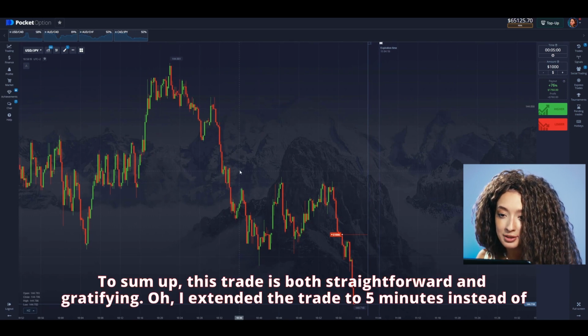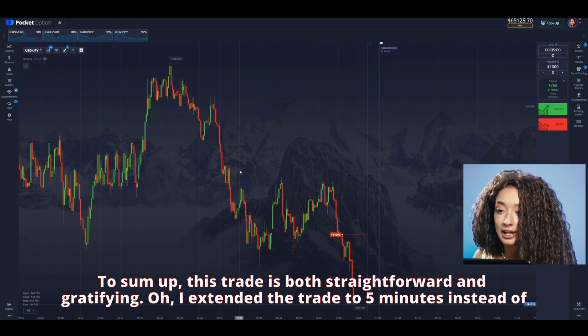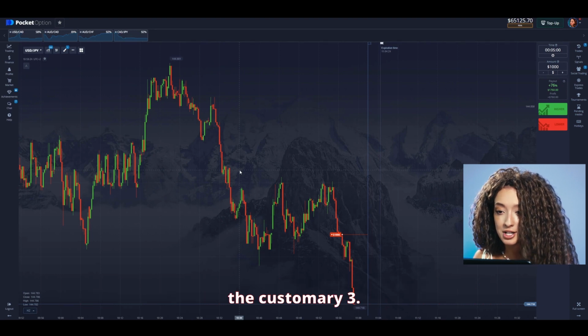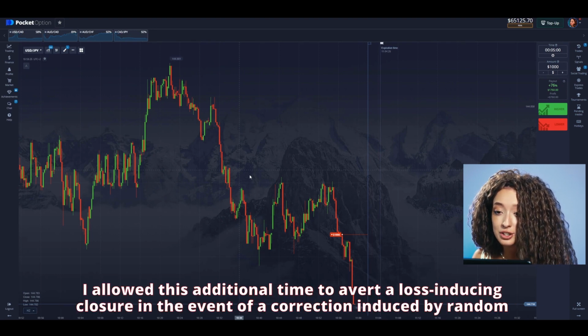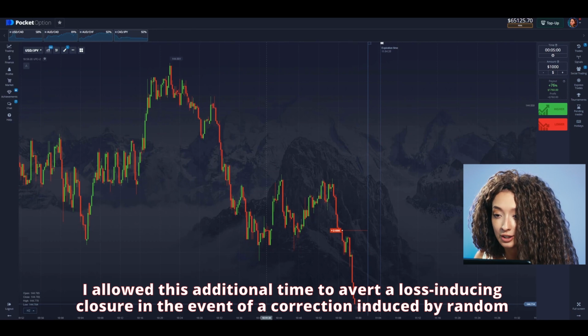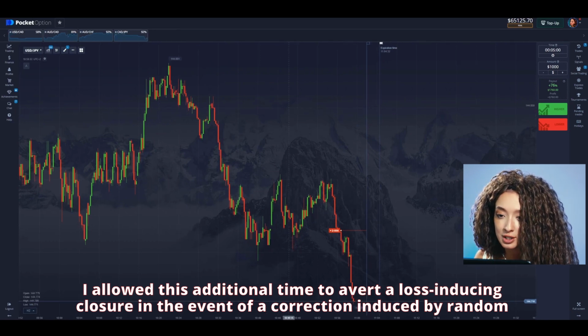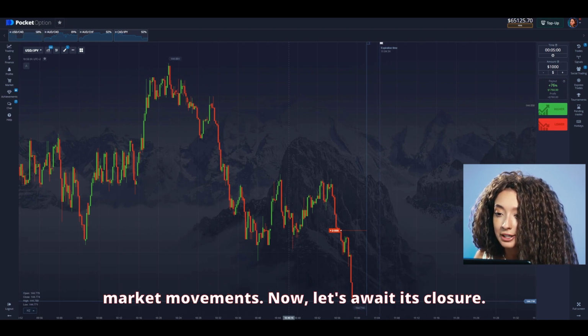To sum up, this trade is both straightforward and gratifying. I'm excited that I took the trade for 5 minutes instead of the customary 3. I loved this additional time to avoid a loss-inducing closure in the event of a correction induced by random market movements.